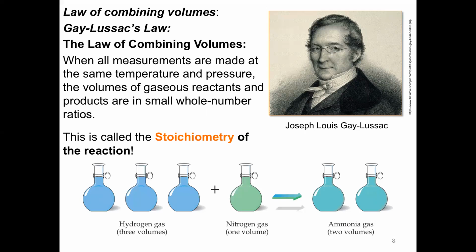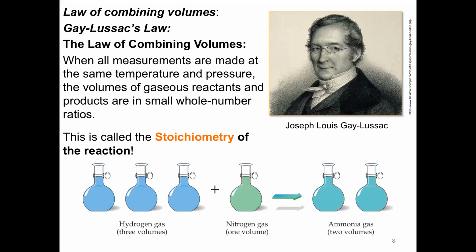And obviously we're dealing with gases, so they had the same temperature and pressure to monitor these at, and this observed idea of combining certain amounts of different gases to get certain amounts of product, that was referred to as the stoichiometry of that reaction, right? And again, keep in mind that they did not yet understand what an atom was, but they could see that these things were combining in certain ways, right?